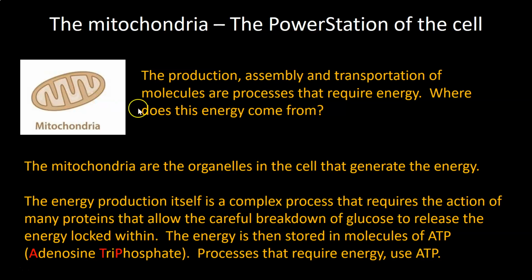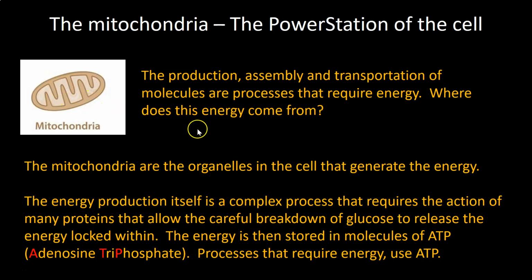So the actual process of producing energy is quite complex. A lot of it happens in another part of the cell called the cytoplasm, but the energy yielding part happens in the mitochondria. If you think about things that we consume, such as carbohydrates, one of the major carbohydrates we consume comes in the form of glucose, sugars.